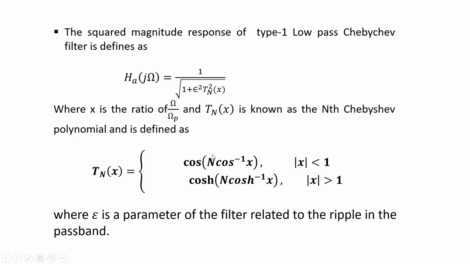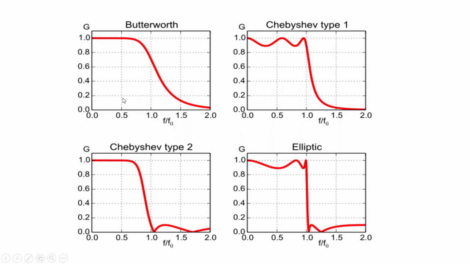So this nth Chebyshev polynomial behaves as a cosine function within the range minus omega p to plus omega p.